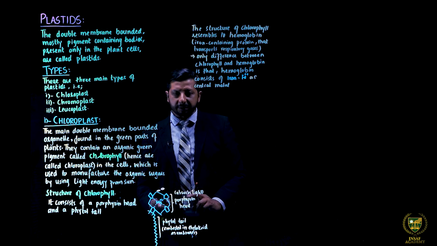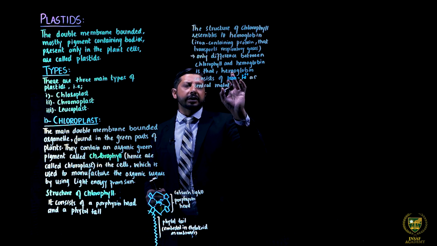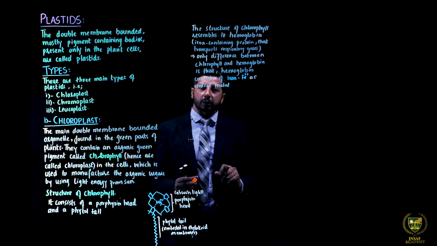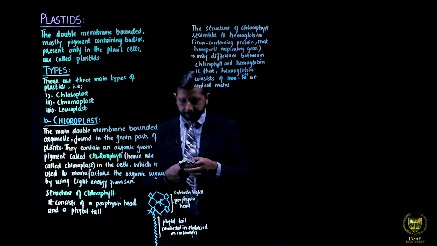In chlorophyll the central atom is magnesium, while in hemoglobin it's iron. So that is why it is called the iron containing protein.